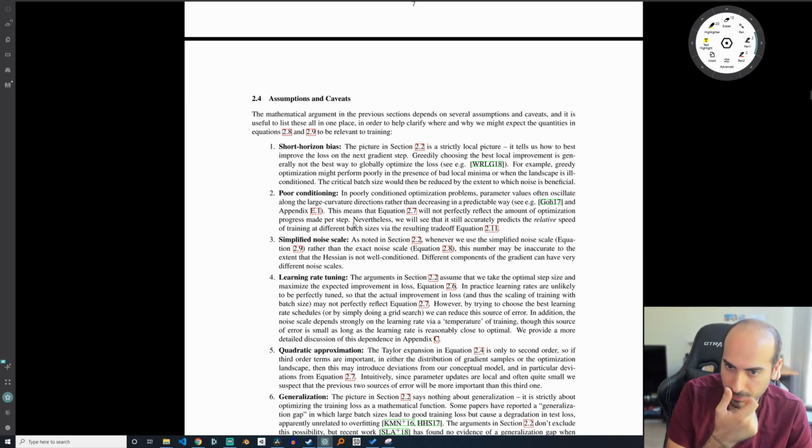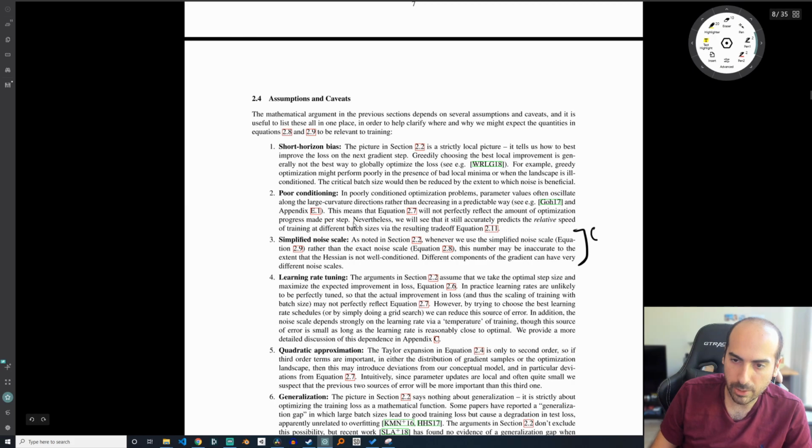Simplified noise scale. Oh, I see. Yeah, so this is basically this argument with the Gaussian, because it really is just an estimate. Here the Hessian can be ill conditioned.